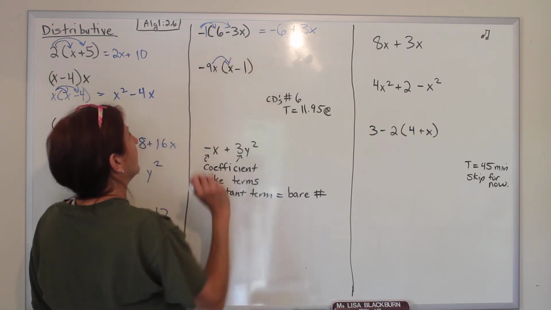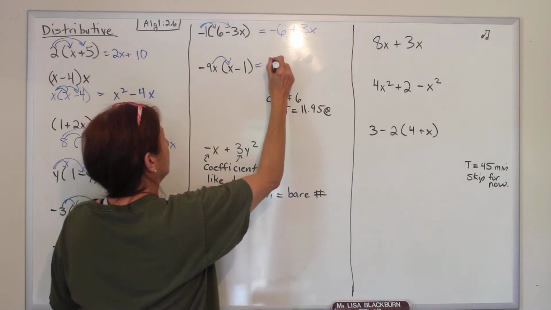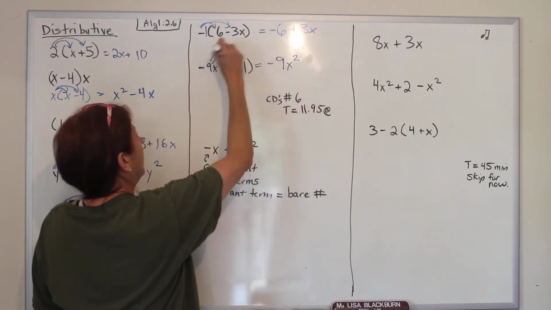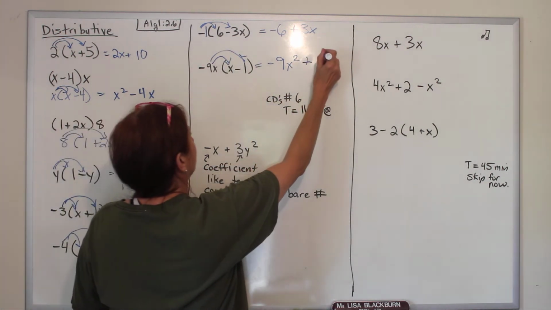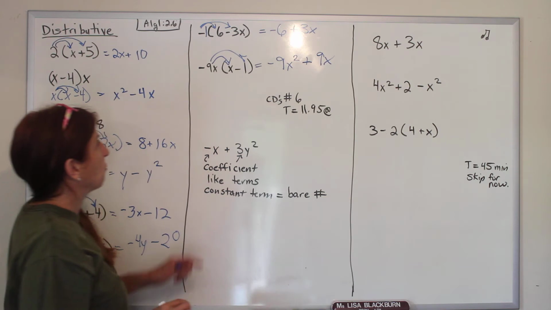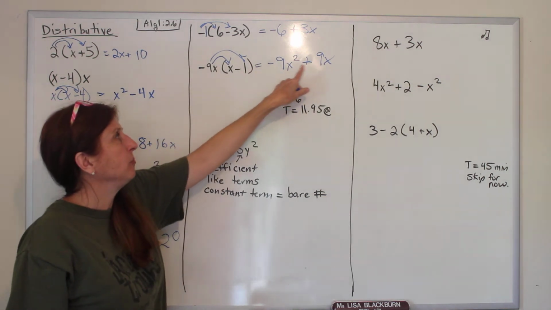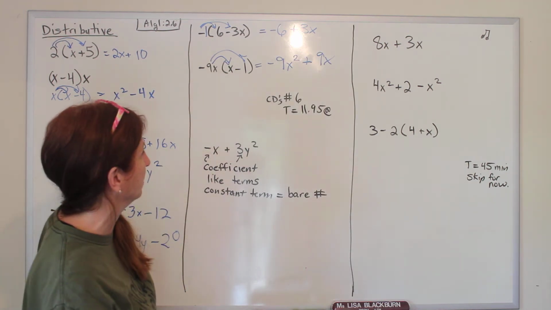Negative 9x times x is, there's only one negative, so it's negative 9, 2 x's, so it's x squared. Negative 9 times negative 1 is positive 9x. 2 negatives turned it positive. We can't add them. They have to be the same letters with the same exponents to add them.